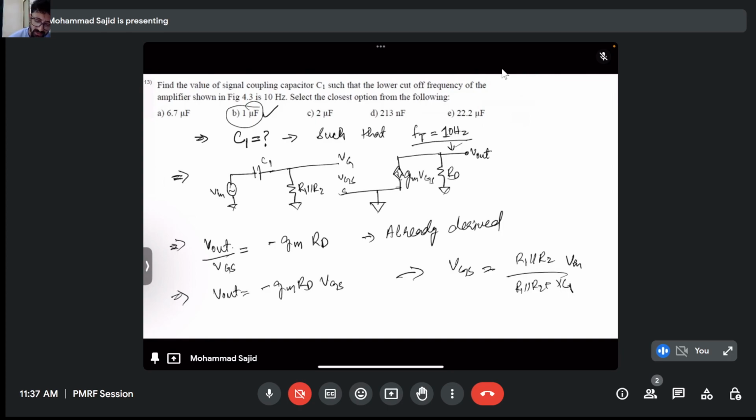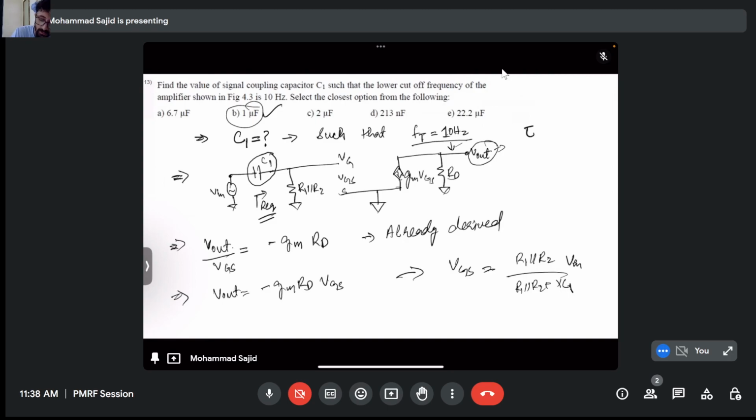Another approach would be simple. You just look at the capacitor, then find R equivalent. What we'll do is you ground these things, and you ground here as well. Then you just look what is the total resistance. If there was a resistance here, that will get directly added to this. So R equivalent is simply R1 parallel R2.